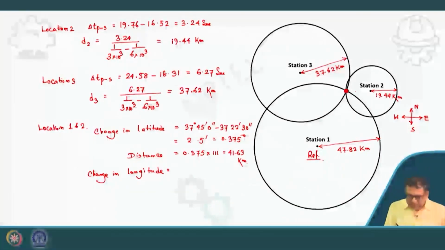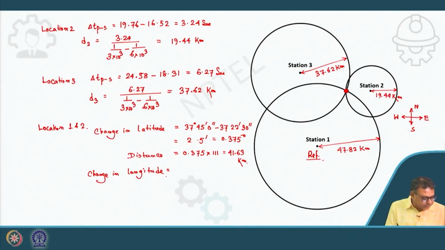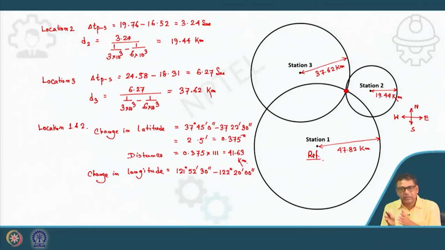Okay. So, that means the change in longitude is 122 degree 20 minute 0 second minus 121 degree 52 minute 30 second.